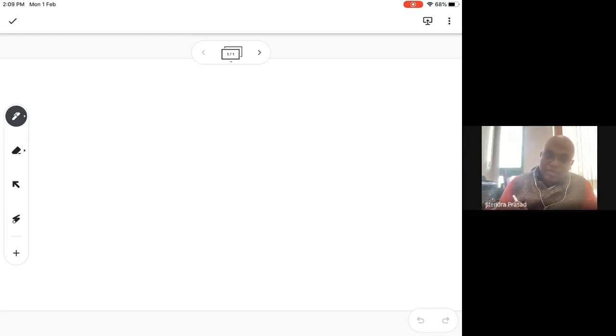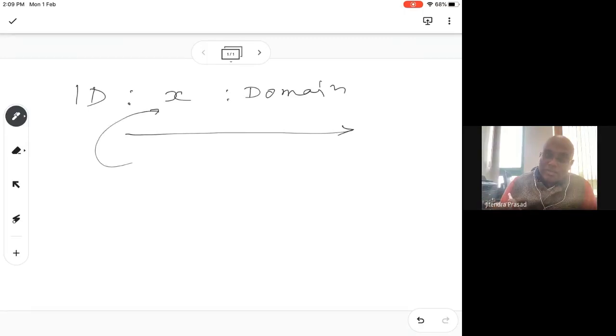When you say 1D, you will have a definition in X only, meaning the domain. Your domain is a linear domain like this one. You will have some X only, which is varying, and only one independent variable.